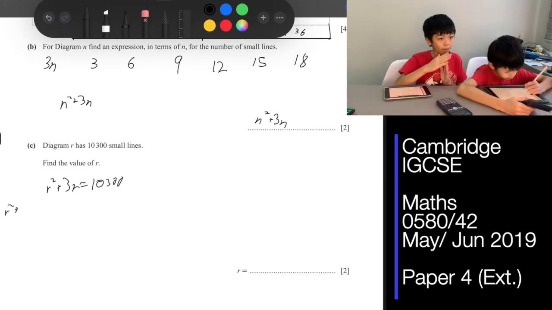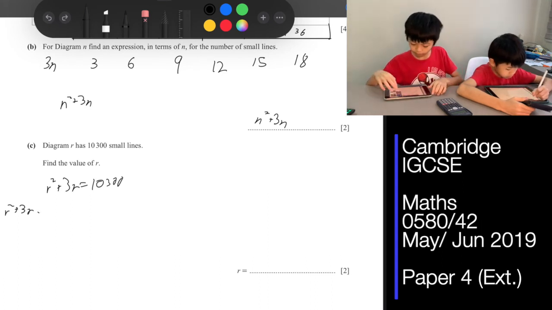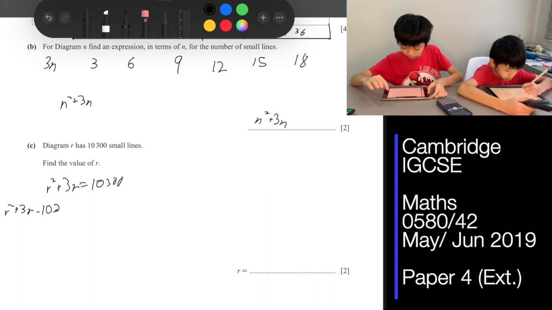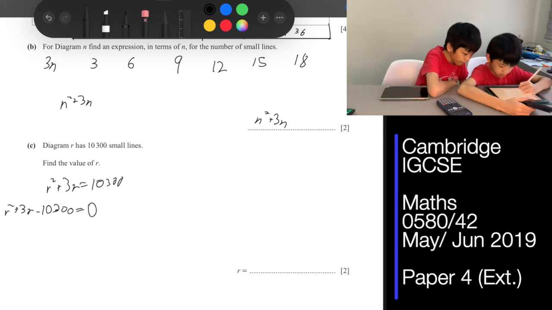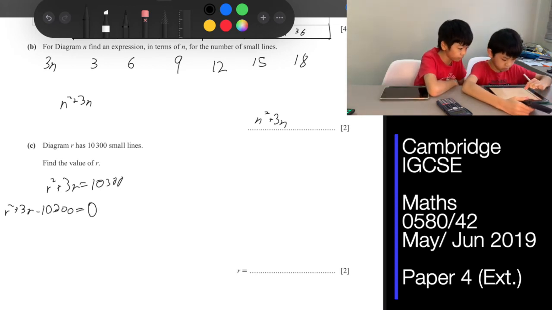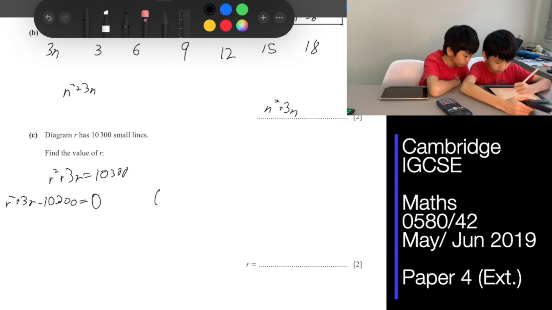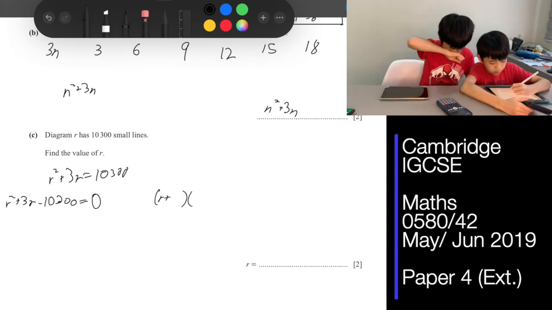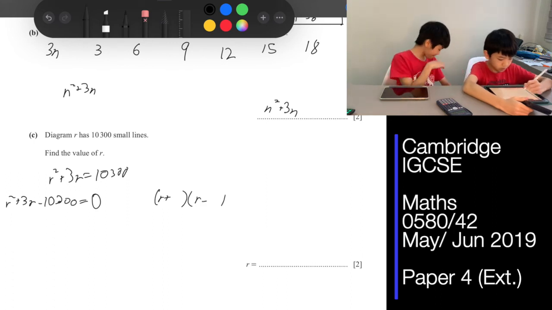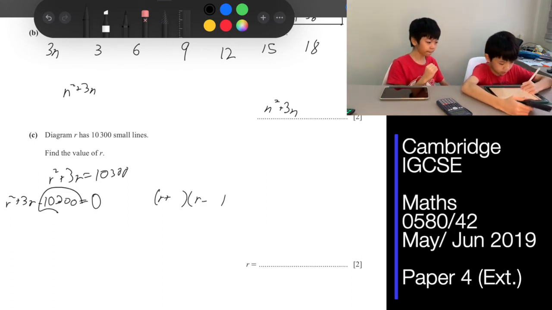R squared plus 3R minus 10,300 equals 0. Then we use double brackets. So we know it's R plus and R minus.